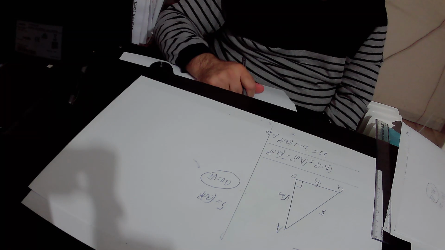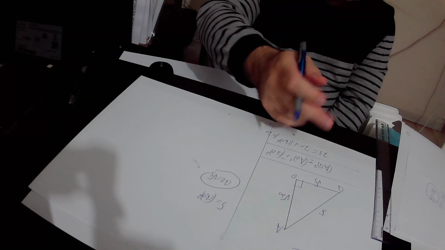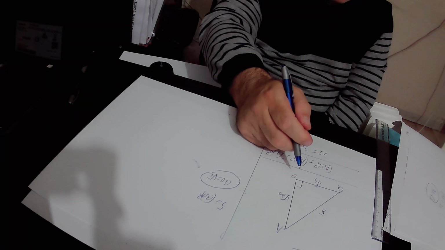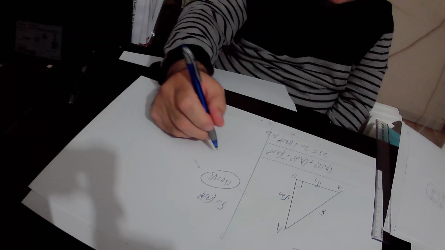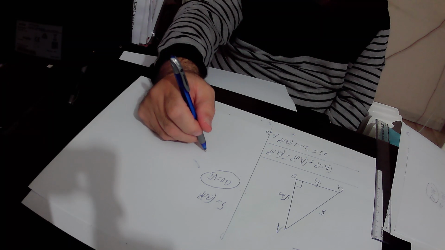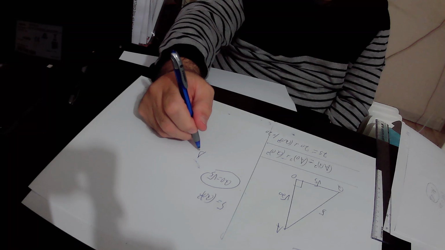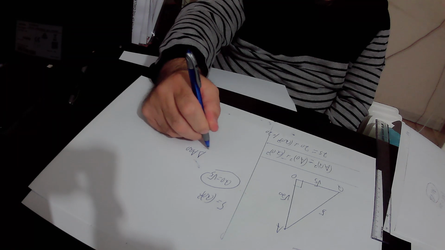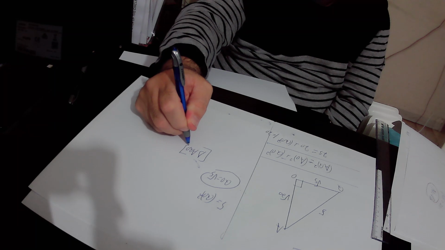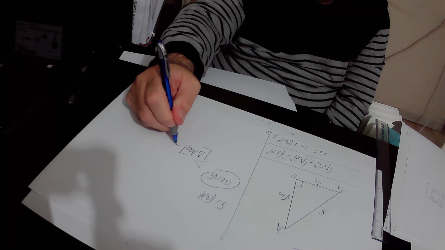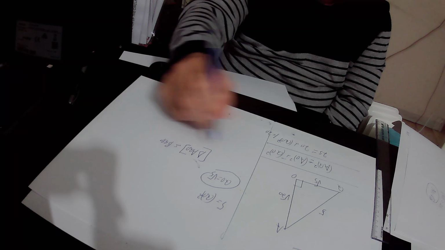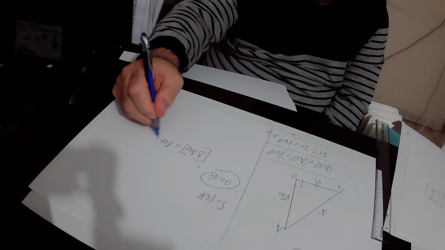Now it is very easy to find out the area of triangle AOQ. That is the area that we are looking for. That is the area of the green shape. The area of triangle AQO, the squared brackets is the sign for the area, is equal to the base of the triangle times the height of the base.